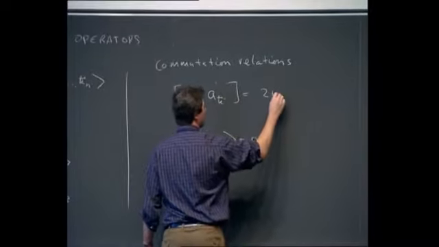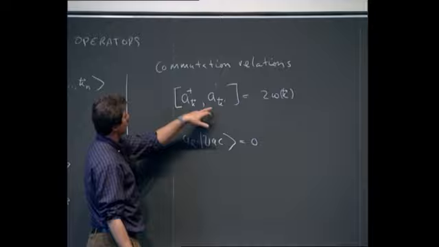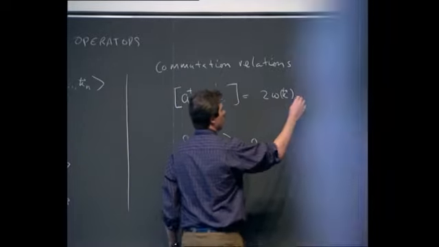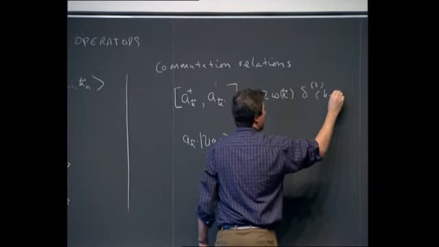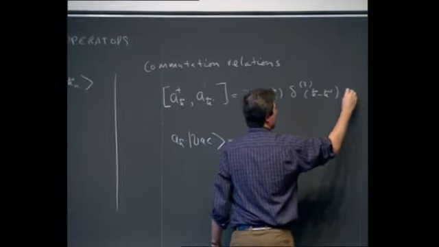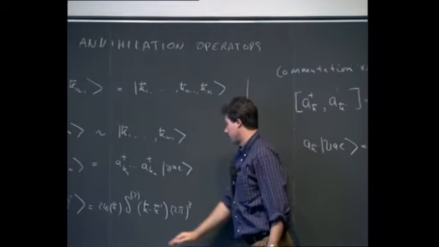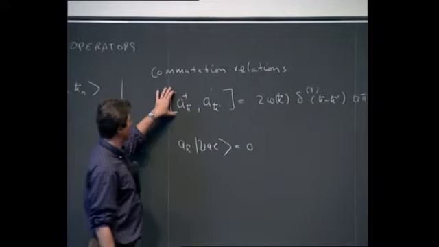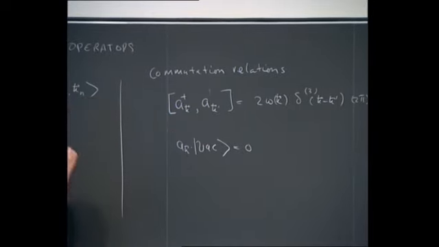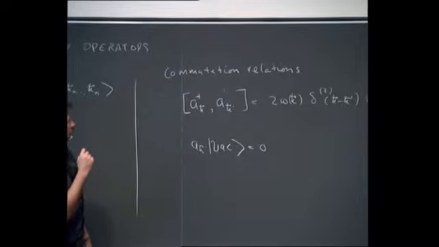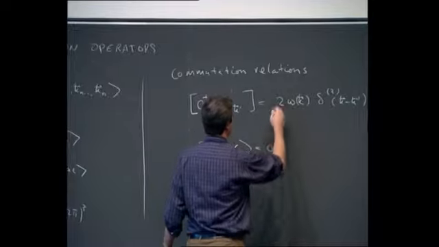And indeed, that's what the commutation relation gives you: the commutator between creation and annihilation operators gives you a delta function in momentum space with the normalization of the one particle state. So this is the commutator of A with A dagger, with a minus sign. Yeah, you're right.